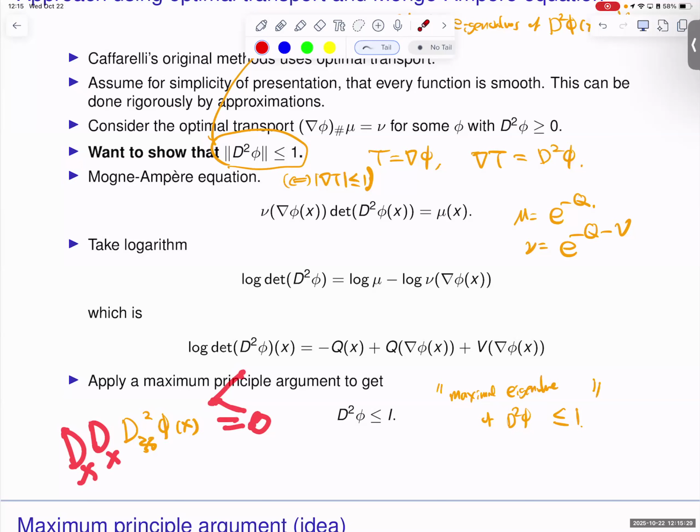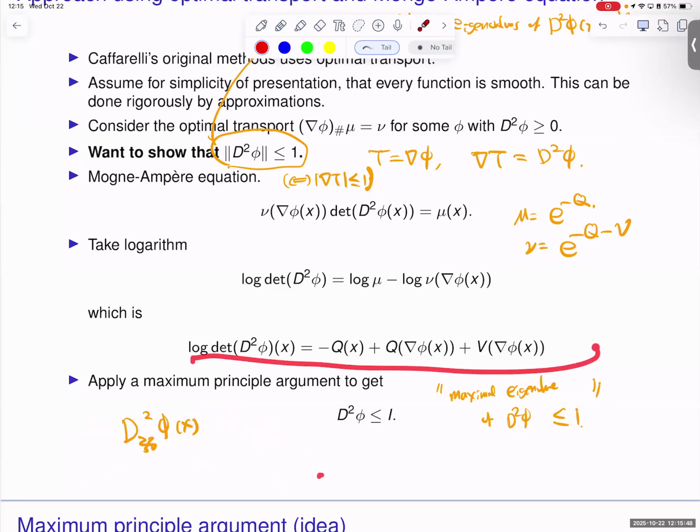So at the maximum point, you have zero first derivative and a non-positive second derivative. That's a feature you can utilize. Then you differentiate this equation and use that inequality to derive some information about the maximum value. That's what the usual maximum principle method would do.